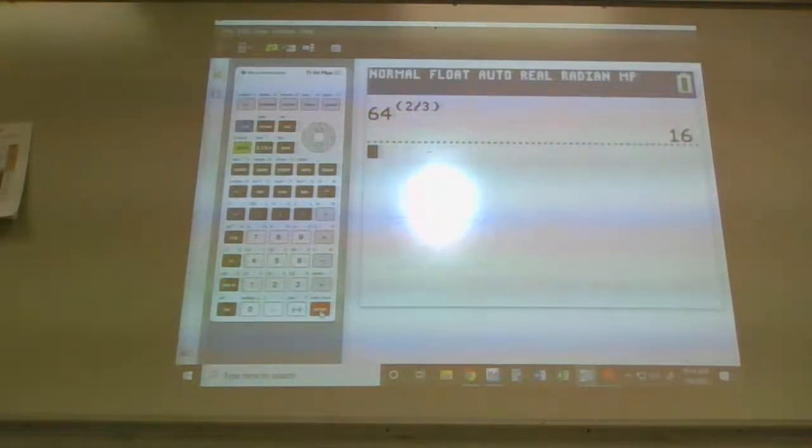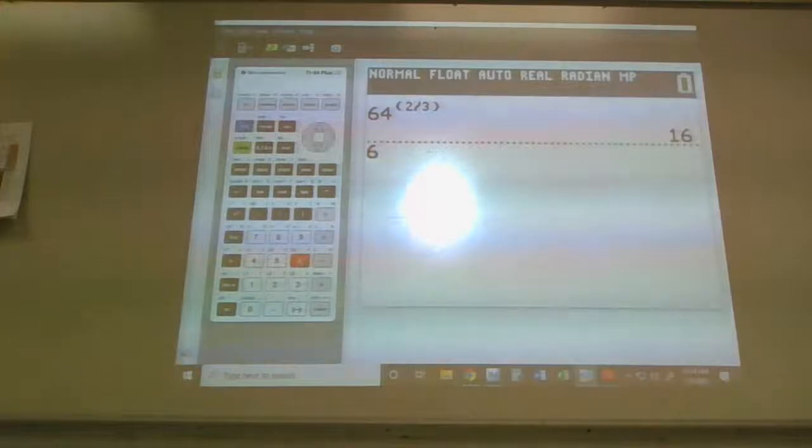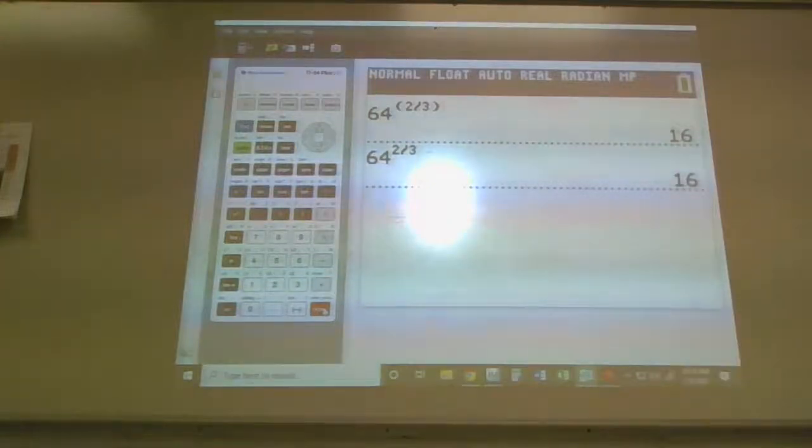Y'all get 16? Cool. This calculator actually doesn't require parentheses. I mean, my 83 did, because you could do 2 divided by 3 like that. It still works. Whatever. But you get 16.